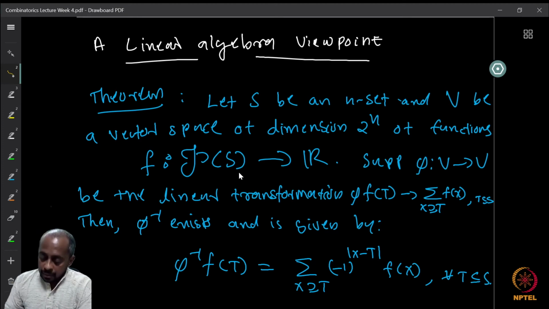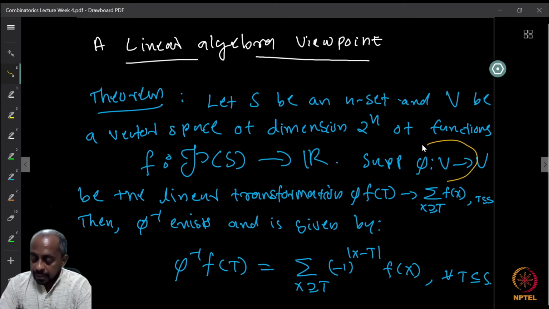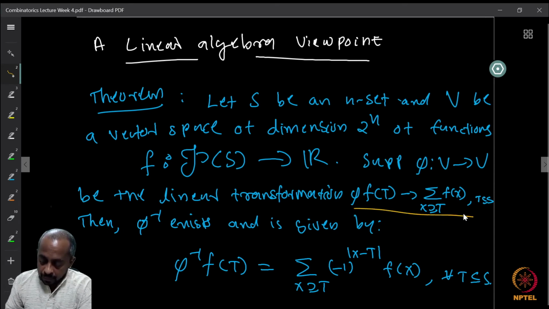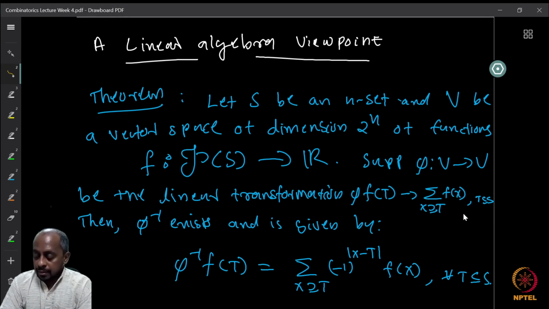Now look at a linear transformation phi that maps V to V the following way: phi of f of T, where f is already a function, is the summation over all x containing T of f of x. Okay.